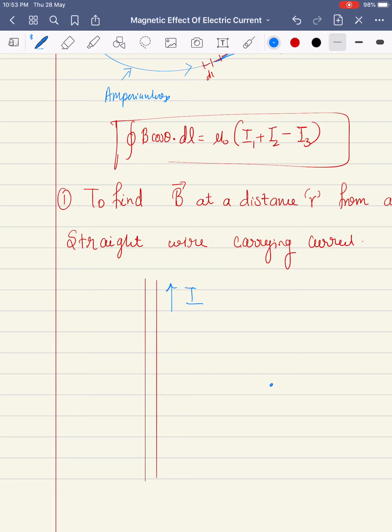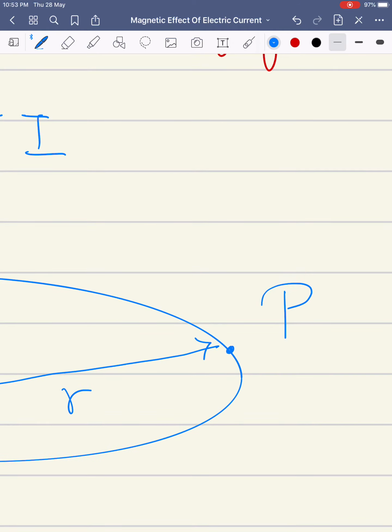If I need to find the magnitude of the magnetic field at point P, I first need to consider an Amperian loop. This is the Amperian loop which I have considered at a distance of r. Getting it? Now the small length dl will be a part of this Amperian loop.